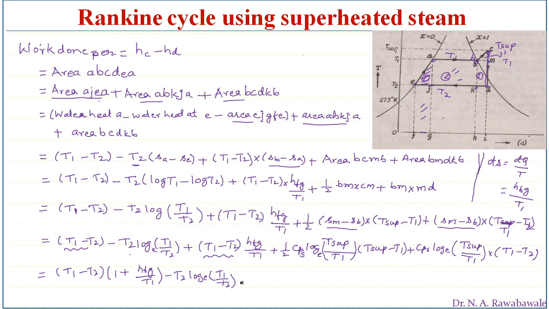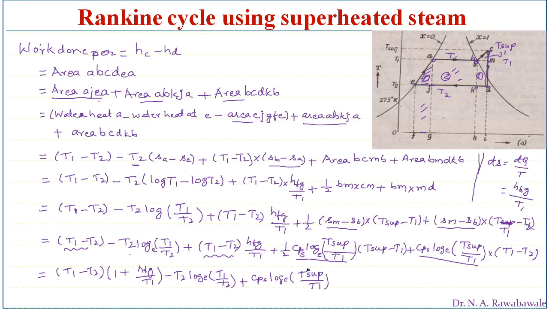And next we come to the next term, plus Cps log T sup divided by T1, Cps log T sup divided by T1 common. So here we take Cps log to the base e of T sup divided by T1.